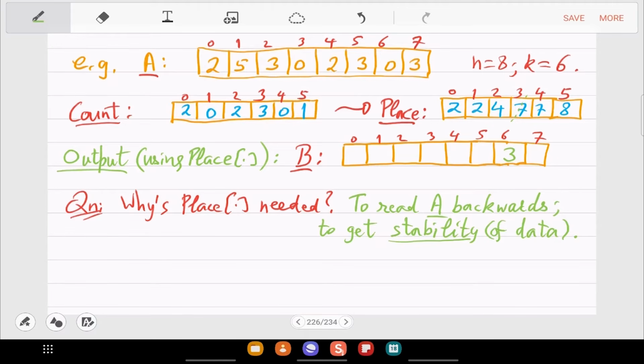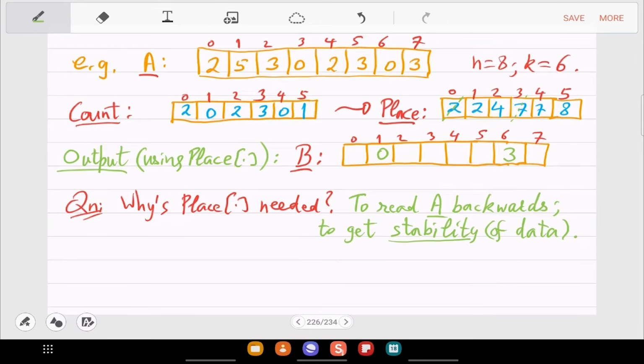Then we go to the penultimate element in A, which is 0. So where should we put 0? You look in the array place. Yeah, it says 2, which means 2 minus 1. So that is the beauty of place.